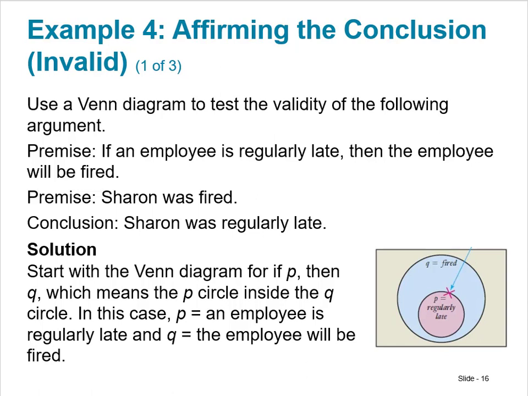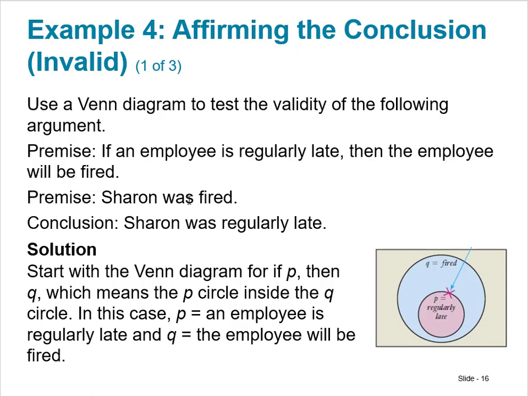And then how about if we try this with affirming the conclusion? So the premise: if an employee is regularly late, then the employee will be fired. So you can see that regularly late is within the fired circle. So the if-then, the P is always inside the Q when we're doing if-thens. Now, Sharon was fired.